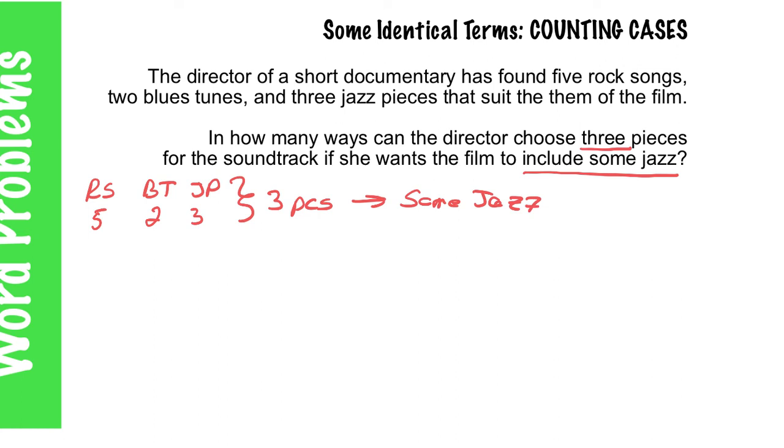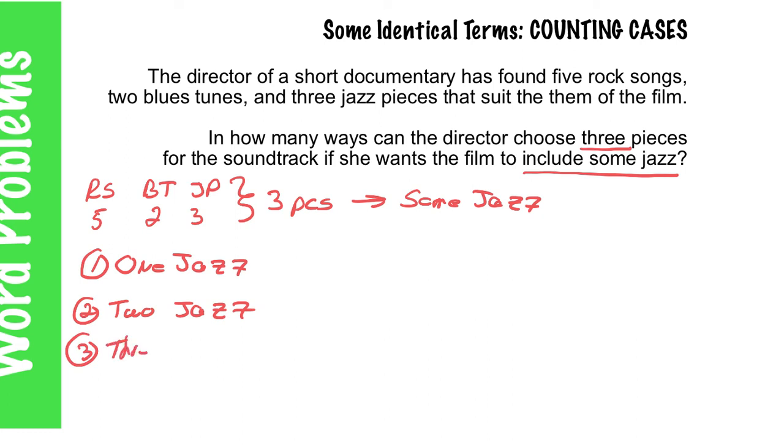So now we have the case where we choose 1 jazz piece. We have a case where we choose 2 jazz pieces, and the case where we would choose 3 jazz pieces.